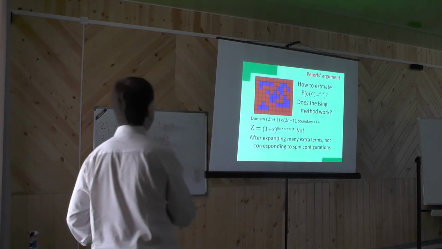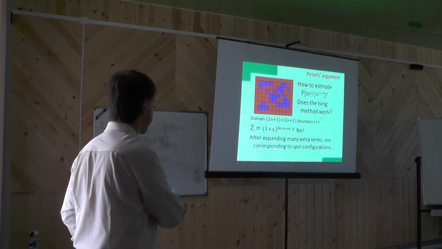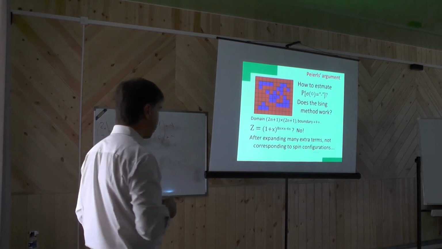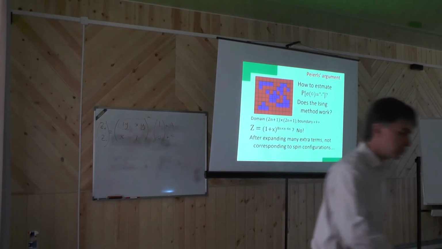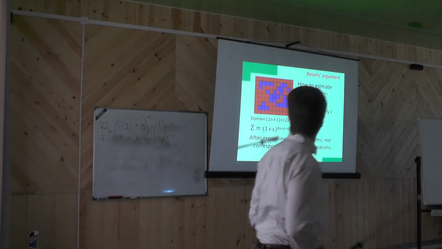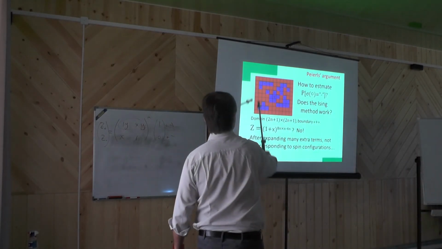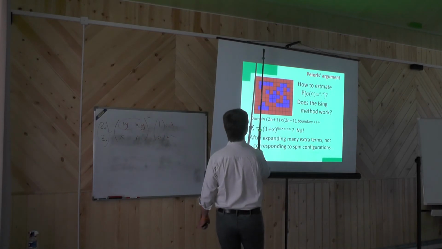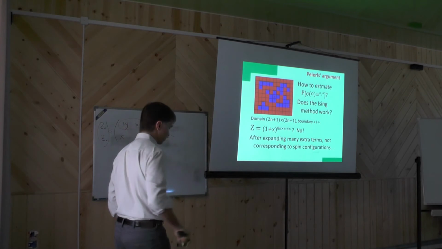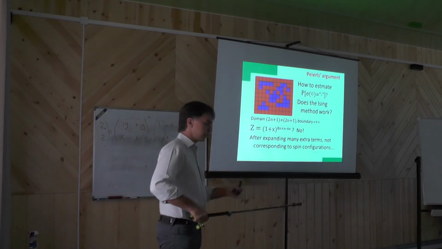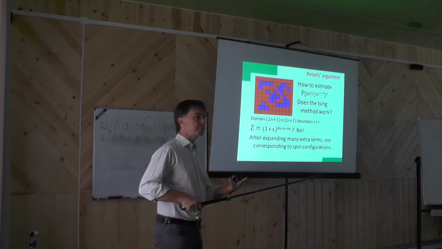Does the other method of Ising work, what is now called the transfer matrix? Suppose we want to move from left to right. Then we cut our model about here, and we start moving, multiplying by a matrix. Before, why did we have a 2 by 2 matrix? Because we cut our rod at one spin, so there were 2 possible states.